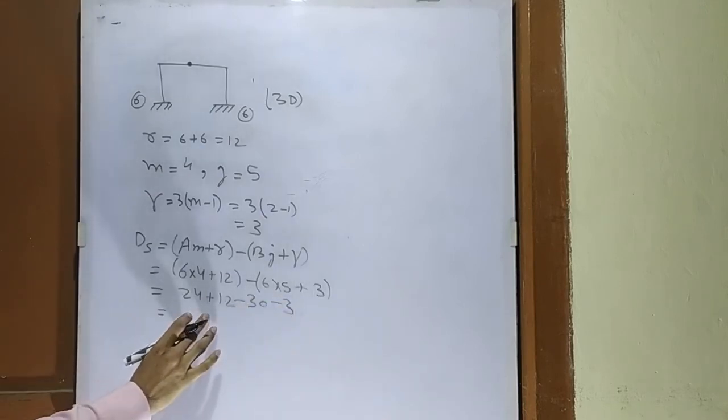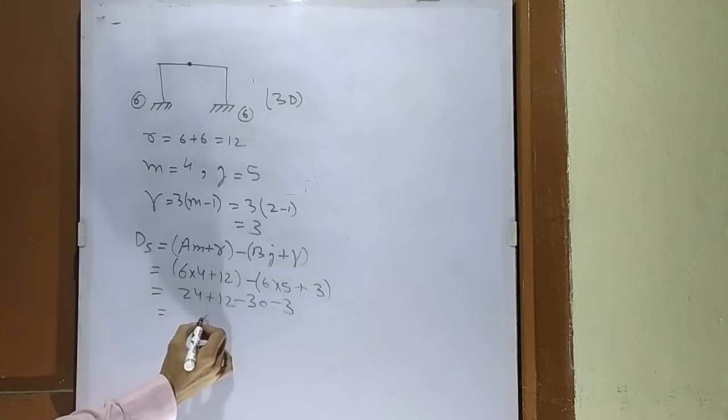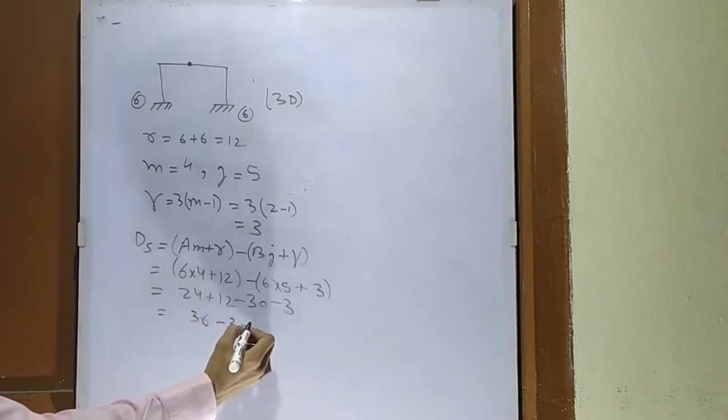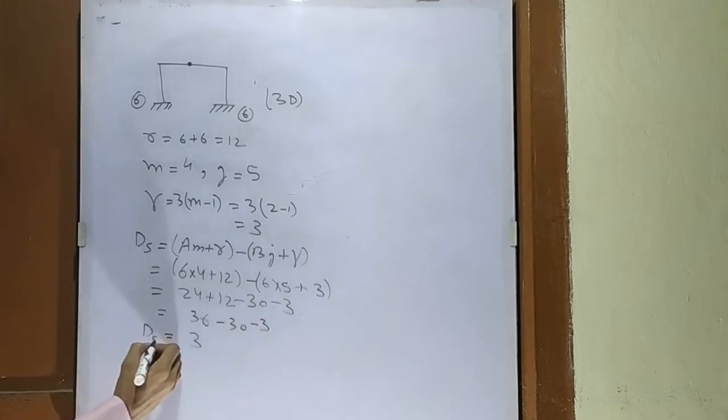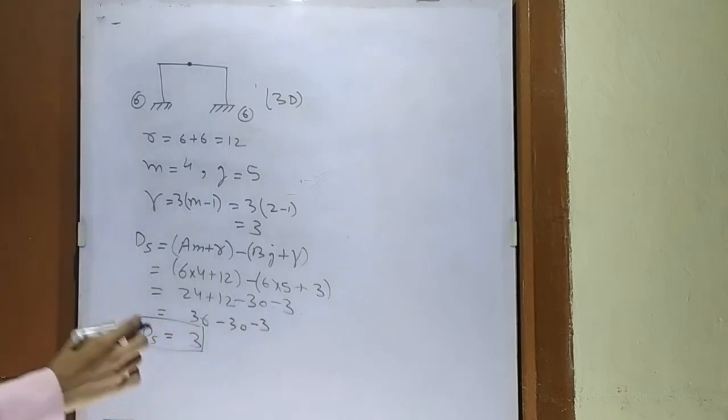So this will be equal to 36 minus 30 minus 3, and it will come out to be 3. So the degree of static indeterminacy for this frame will be 3.